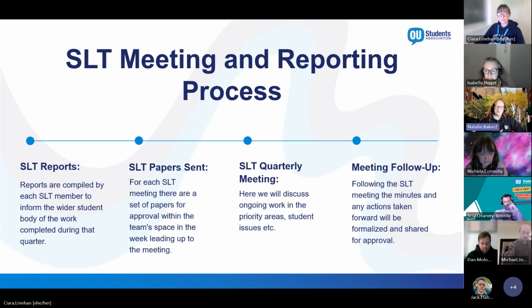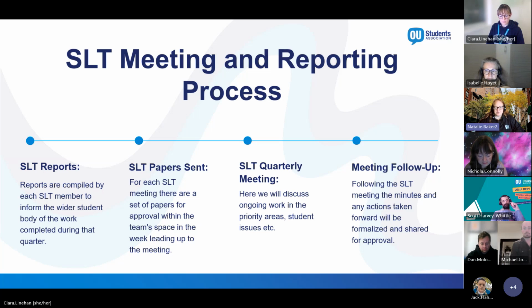Some can be priority areas, it can be student issues, anything else that comes up throughout that quarter. Prior to that, all SLT members should be submitting a report. The report is then used to inform the wider student body of what we've actually been doing for the past quarter. It makes us accountable to students, and it gives us that focus that we are doing what we said we would.